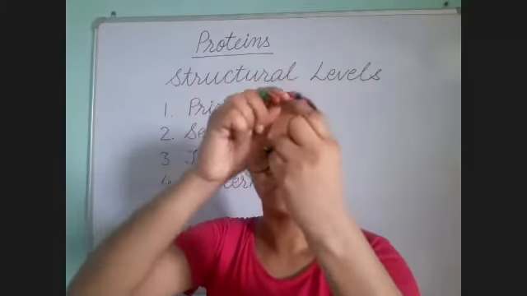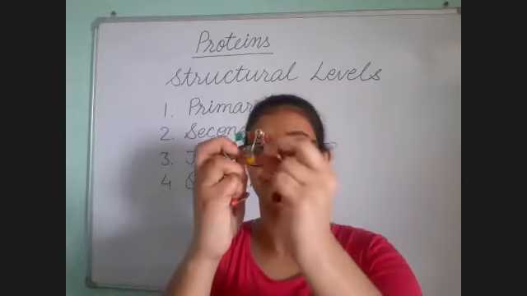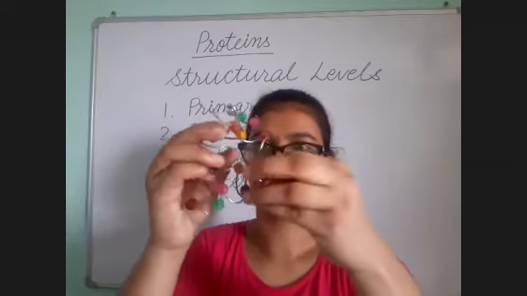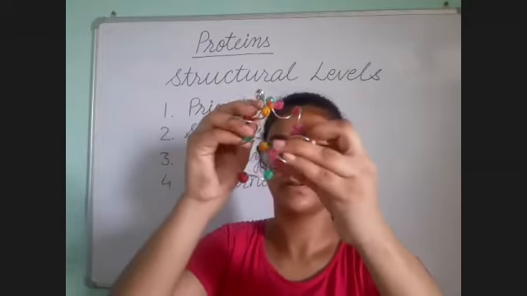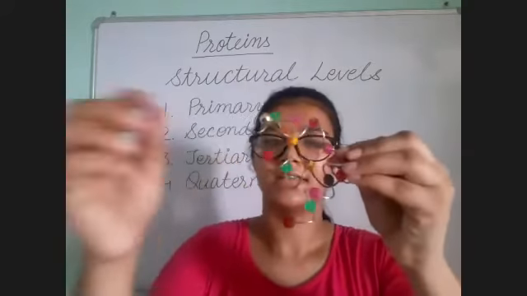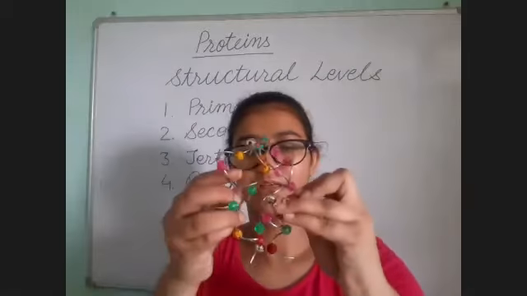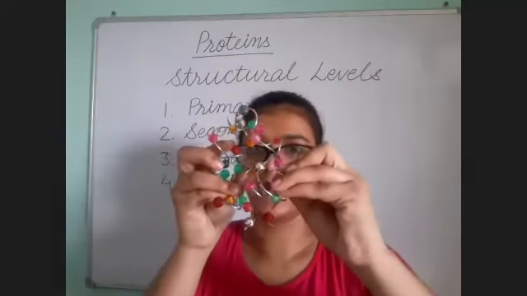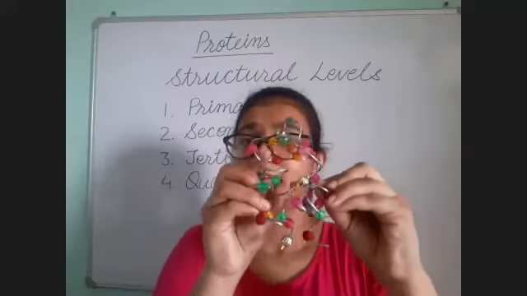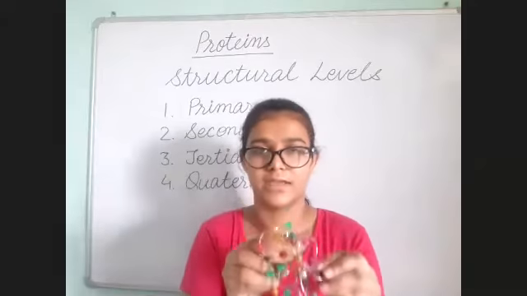Let's bend this one in this form, add another alpha helix, and arrange them in this manner. See, this is a quaternary structure, and if we arrange one more, we can arrange as many as we want because we need more than one. These structures are very complex and of high molecular weight.